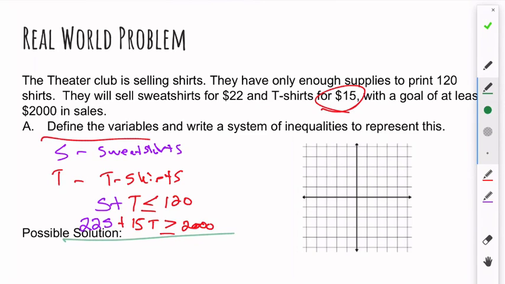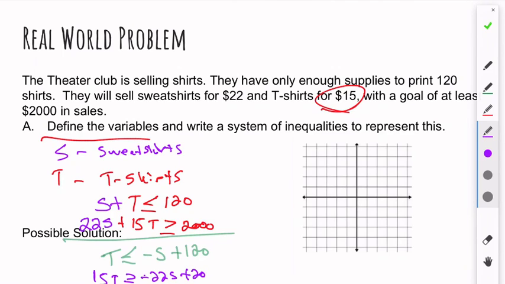When I go to do that, I get, in the first case, t is less than or equal to negative s plus 120. And for my second one, I'm going to move my 22s out, so I'm going to get 15t is greater than or equal to negative 22s plus 2,000. But then I need to divide everything by 15.